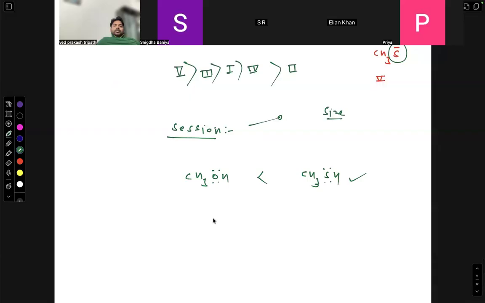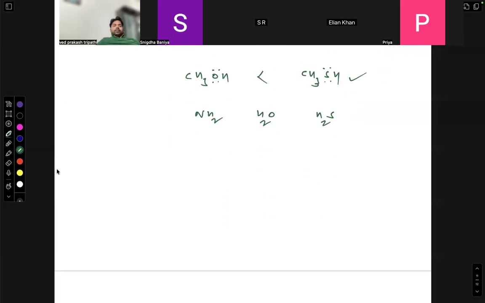If you have another species, suppose nitrogen containing, suppose I am saying we have NH2, H2S, and H2O. So now look at the position of these atoms in the periodic table. So you know that the elements are arranged in this way. Here sulfur, here phosphorus. So now look at here, nitrogen, oxygen, sulfur.